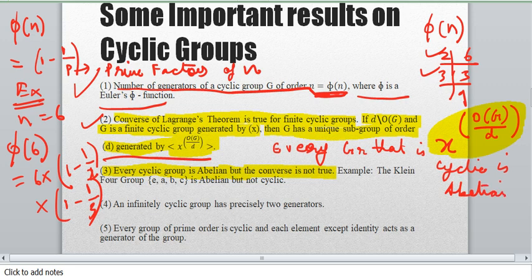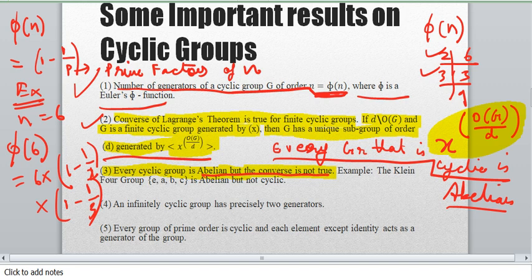I don't know why I have a habit of writing it wrongly, the whole word went away. I mean, abelian. Okay, so what does it mean? Every group that is a cyclic group is abelian, but every group that is abelian is not necessarily cyclic. Abelian does not mean it's cyclic.